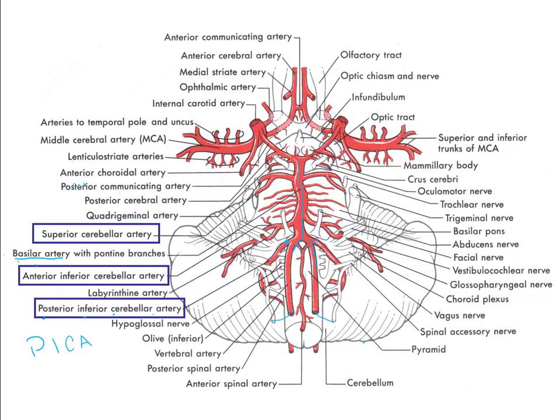The anterior inferior cerebellar artery comes off the basilar. So if I'm beginning to sketch this, I would draw my two vertebrals coming together to make a basilar. And off each of these, I would draw, this would be PICA. This is vert. This is basilar. And then now I've said I have an AICA.